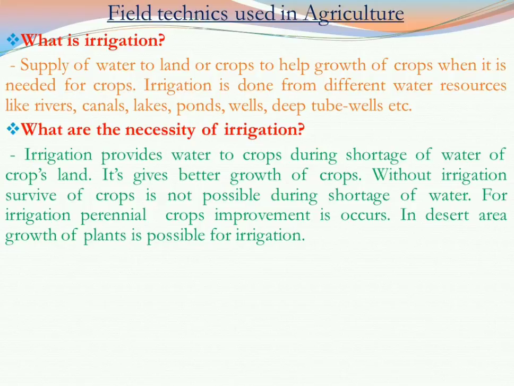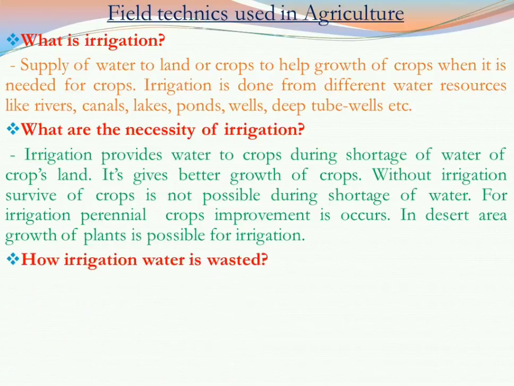We know without irrigation in the drought season crops cannot survive. For perennial crops irrigation is very necessary because it improves their production. In desert areas growth of plants is possible by irrigation only.